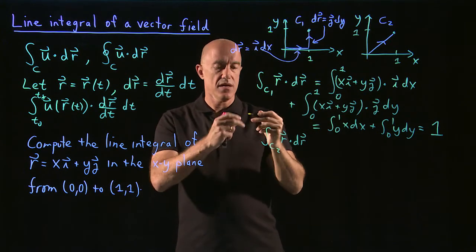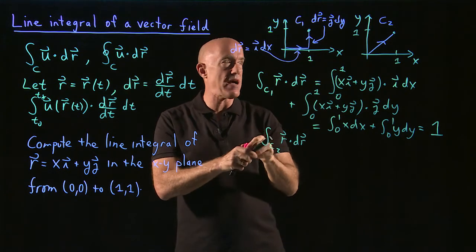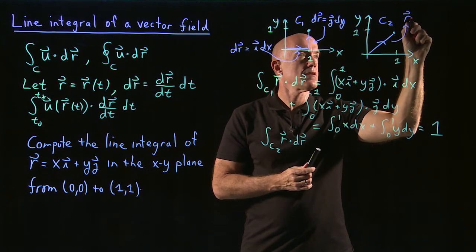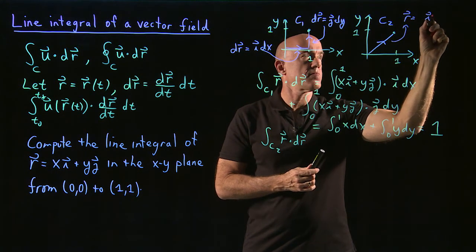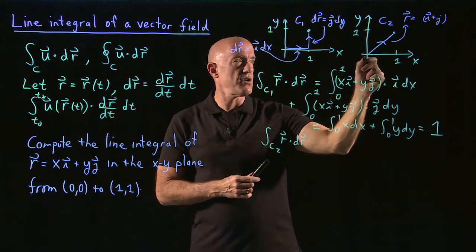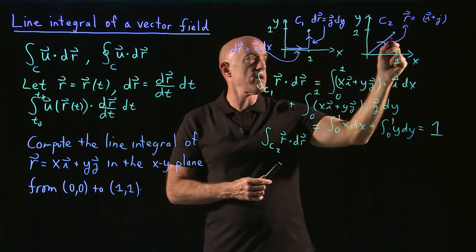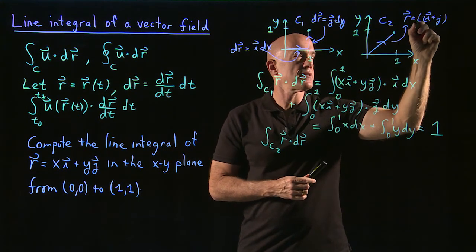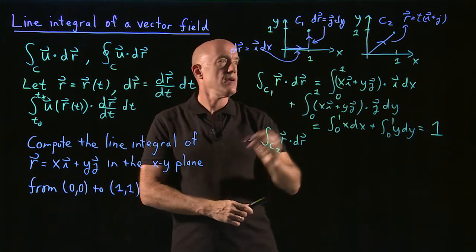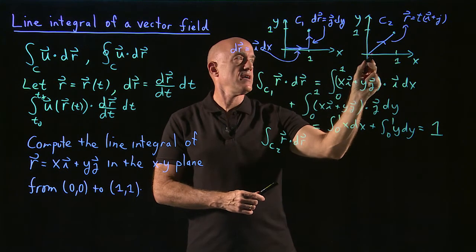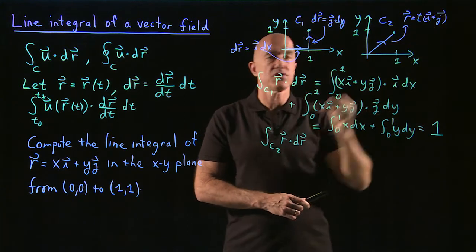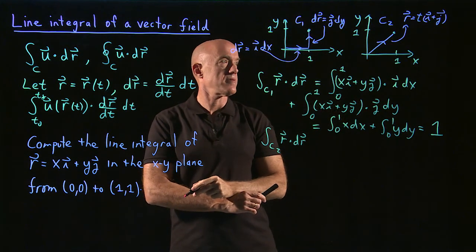But we're moving from the origin to (1, 1), so we can parameterize this by multiplying by a scalar parameter t. So your position along this curve is given by the parameter t times the unit vectors i plus j.